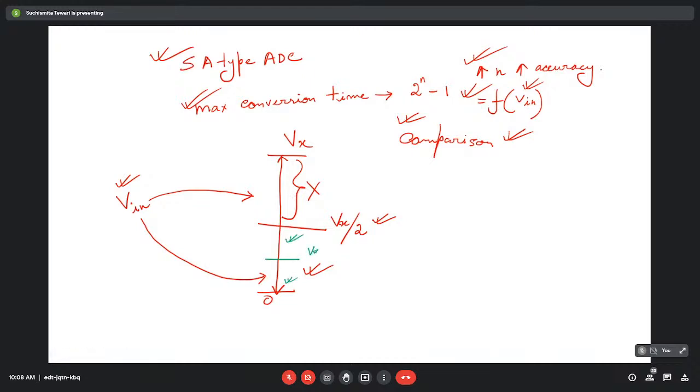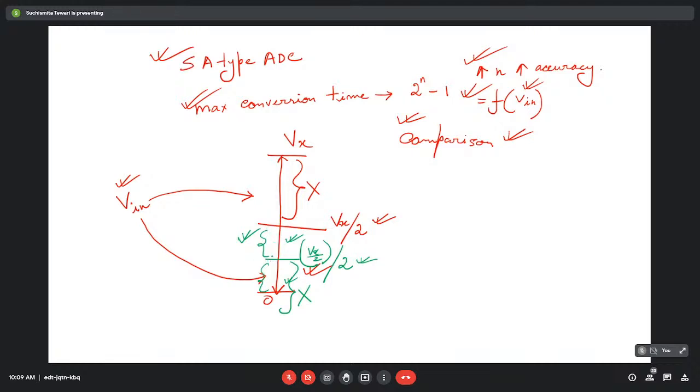This range means Vx by 2, that is now divided by 2. And we will compare this Vin with this midpoint, and we will see whether Vin is falling in this range or in this range. If Vin is falling in this upper range, suppose, then the entire lower range will be discarded. Only this will remain, which is now the valid range.